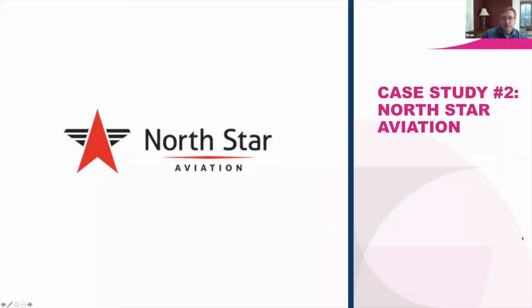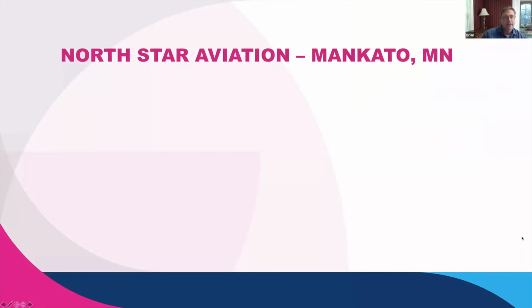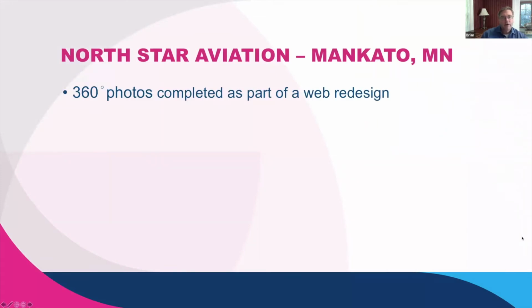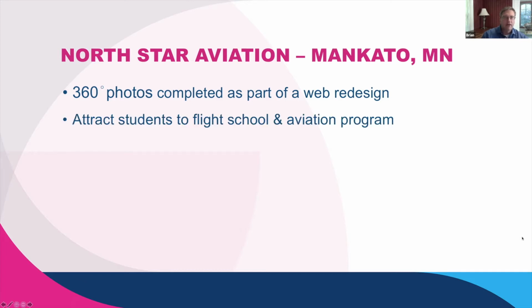In case study number 2, this is in an educational environment where North Star Aviation here in Mankato really wanted 360 photos as part of a website redesign project. In the case where I showed you the Giraffe equipment that was added to their website later, this one was actually one of the reasons why the company wanted to enhance and rebuild their website.